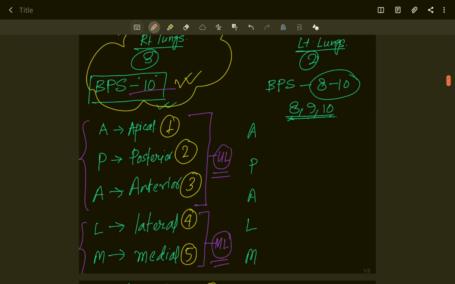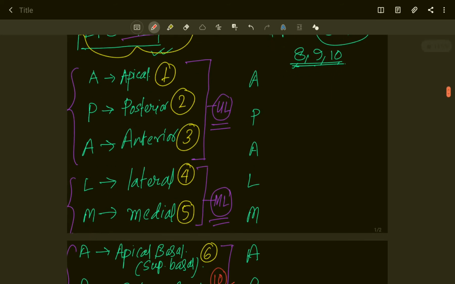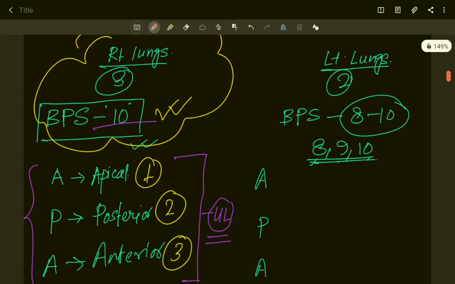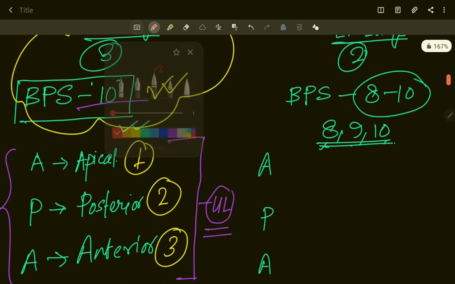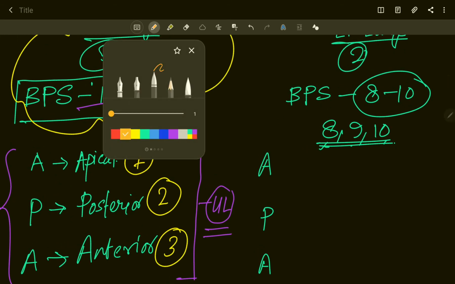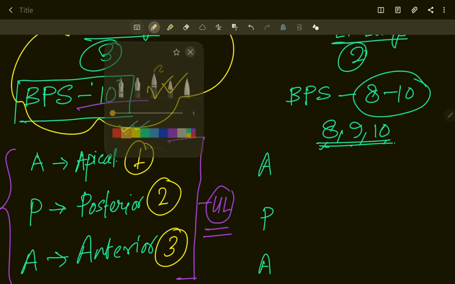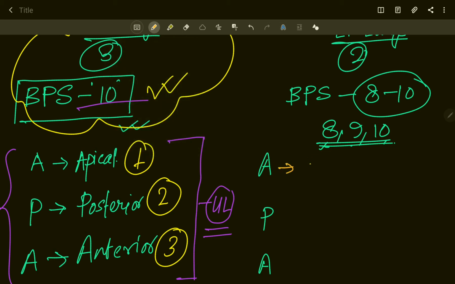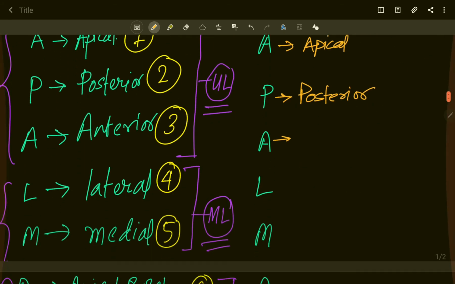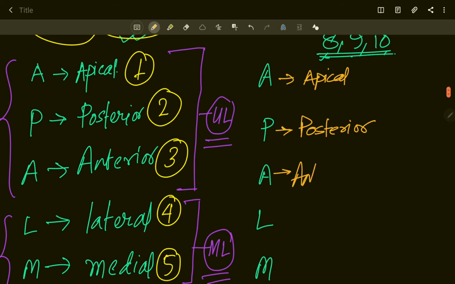So these are all about the right lungs. Now come to the left lung. In case of left lung, also the same thing. A for apical, P for posterior, A for anterior, lateral, medial.